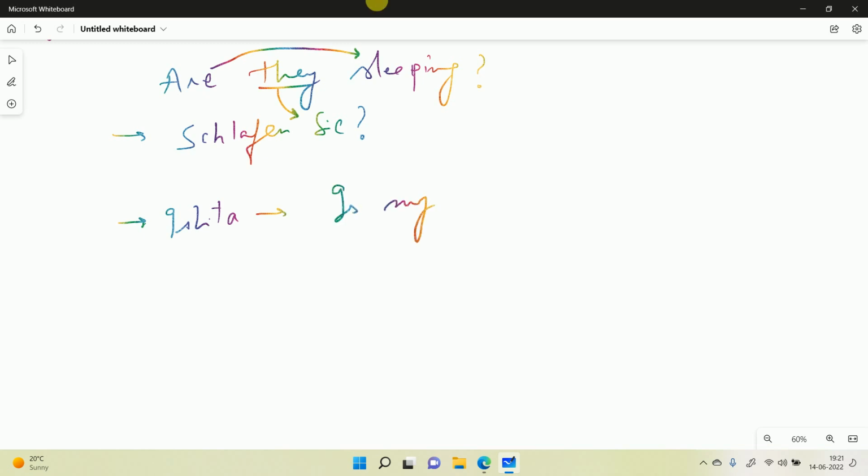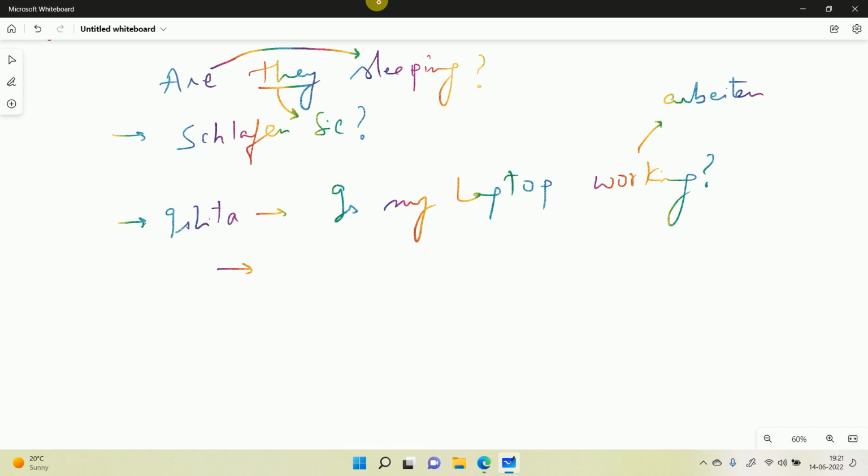Is my laptop working? Now working, again you can say funktionieren or arbeiten also you can use it. So just give it a try. You can use arbeiten for work. Arbeite meine Laptop.